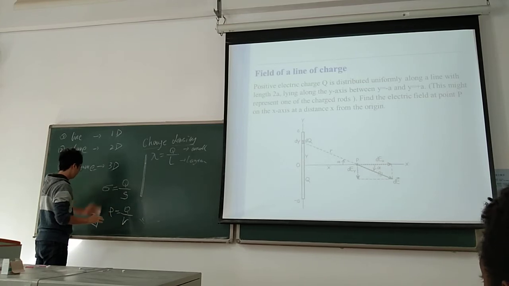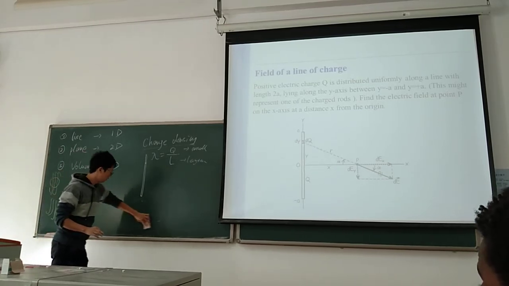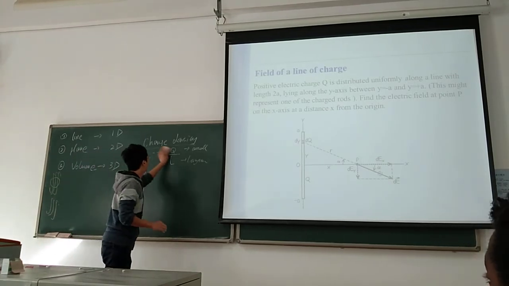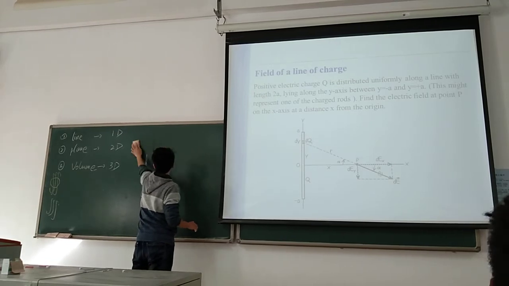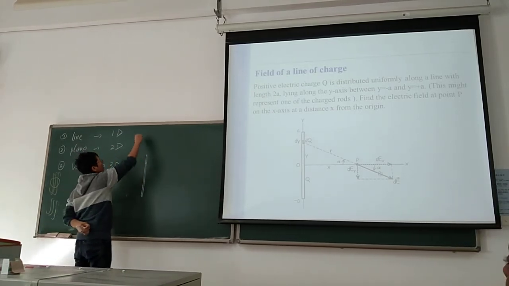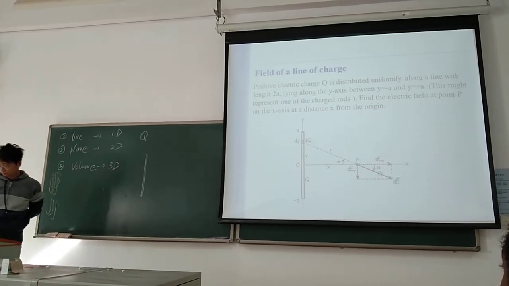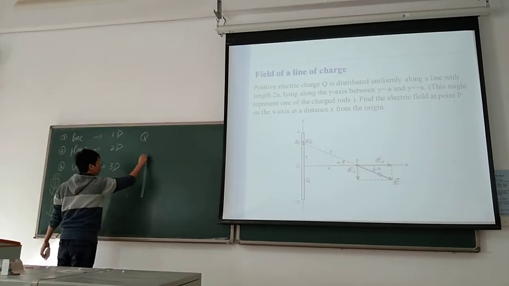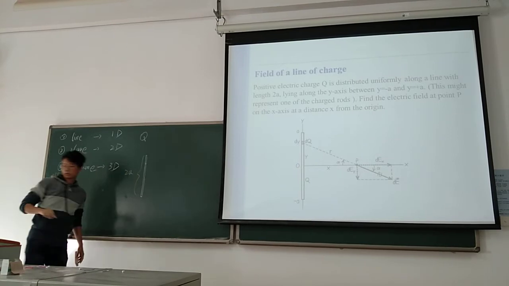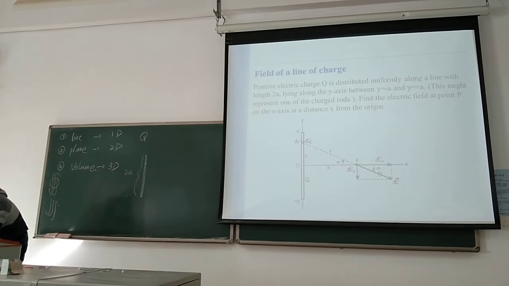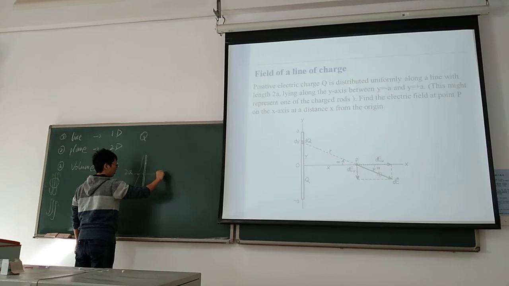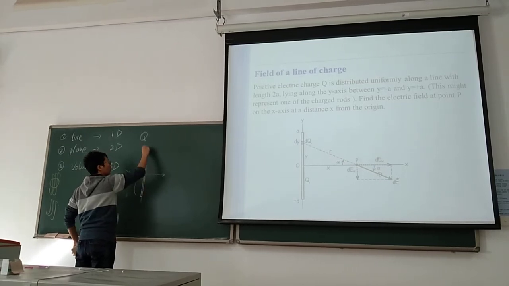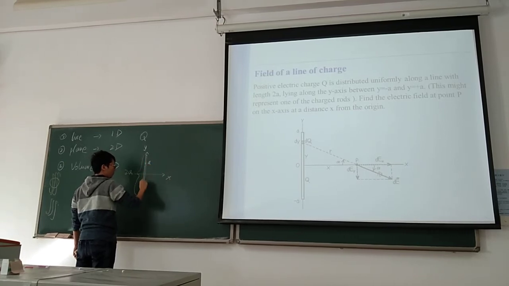Begin from a simple one, a charge. It is Q charge, and the Q is distributed uniformly along a line with length 2a, lying along the y-axis between y equals minus a and a.